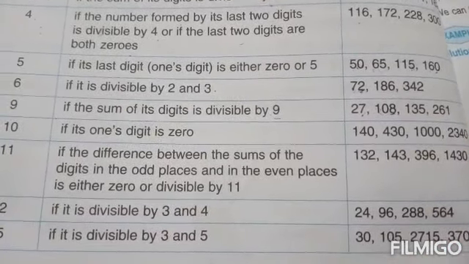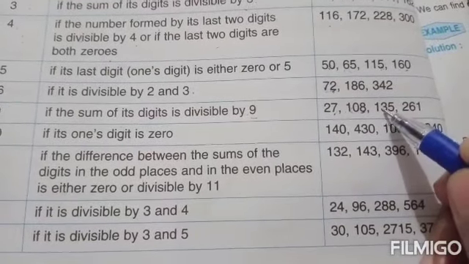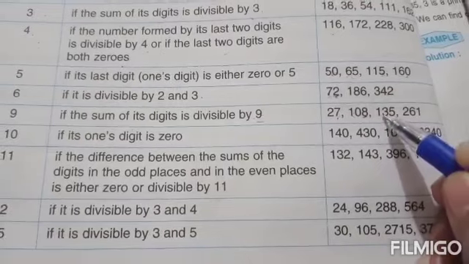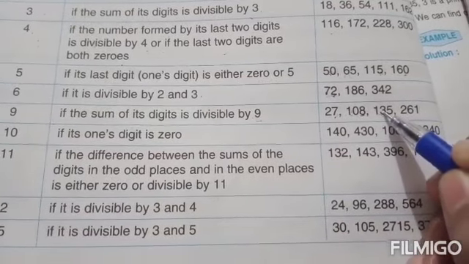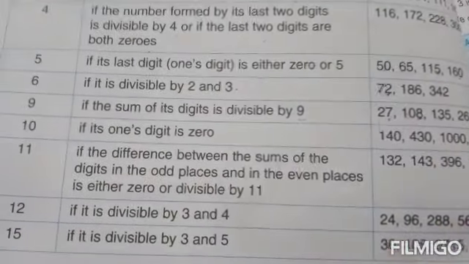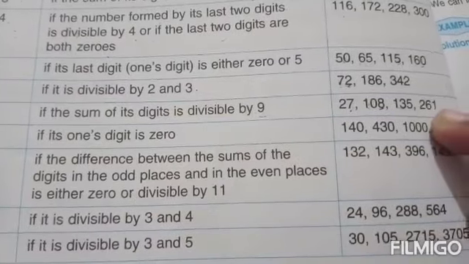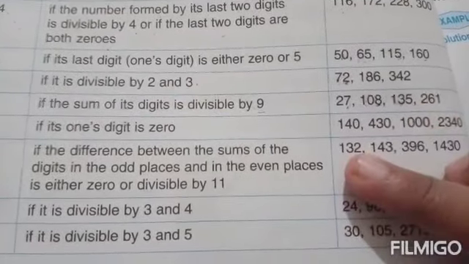Again you got 9, which is divisible by 9, so 135 is divisible by 9. You have to find the sum of the digits, and if it is divisible by 9, then that number is divisible by 9.